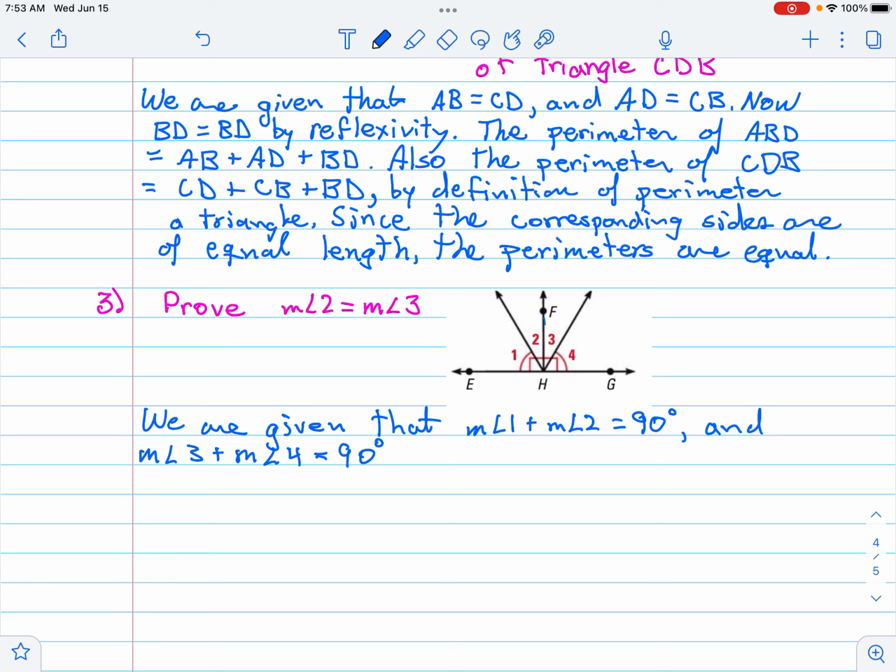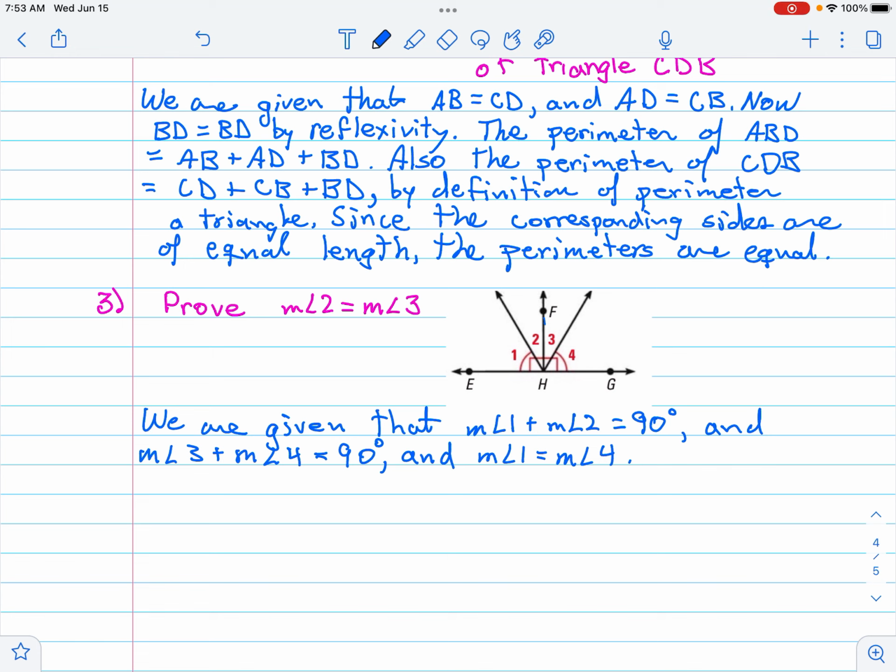Now, if we know this, and the measure of angle 1 is equal to the measure of angle 4, we're given all those things. So first of all, you just write down everything that you're given.